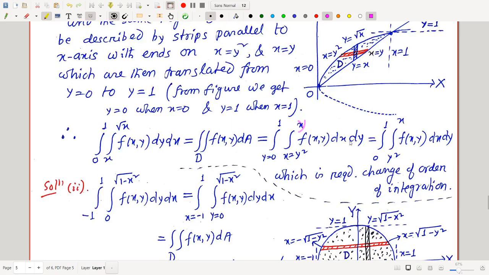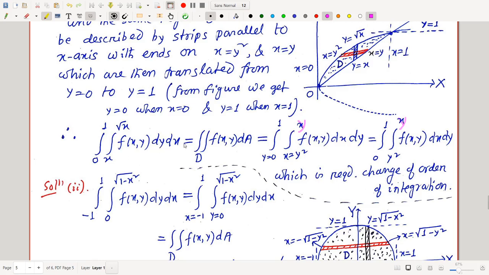Here we have written dx dy, which means we integrate with respect to x first. So as given in the question, we can write it as 0 to 1, and here y squared to y, f of xy dx dy, with respect to x first and then with respect to y, which is the required change of order of integration.